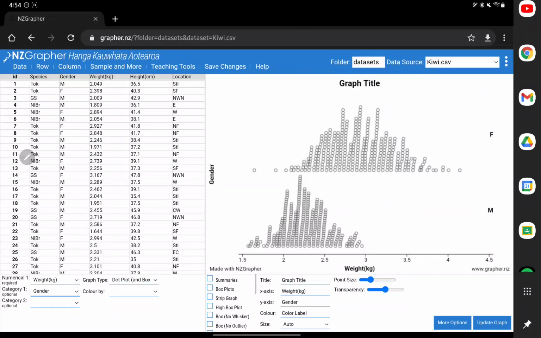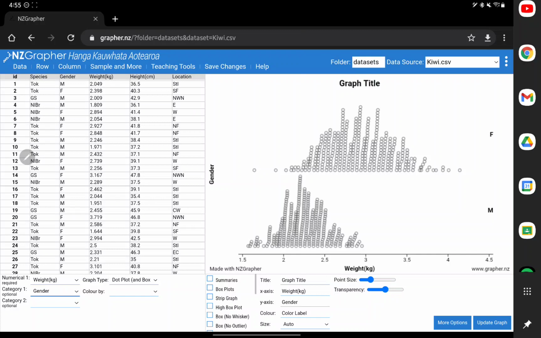All right, so having a look at this here, we're going to have to choose the measured one, like weight or height. And then we'll have to say, okay, two groups within this giant sheet of kiwi. And then in this example, we have decided, oh yeah, let's compare males and females, right? Species, there's more than 2 species, and location, there's more than 2 locations. There's quite a few locations.